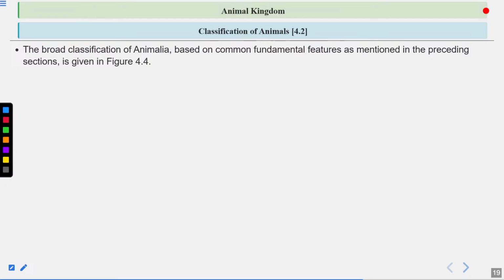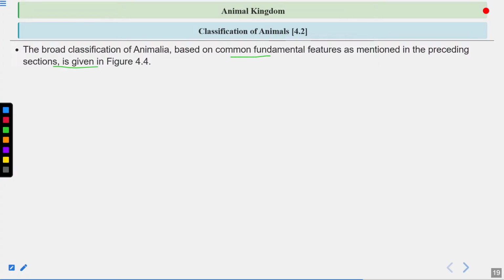Now, the broad classification of Animalia based on the common fundamental features mentioned in the preceding section is given in the figure. Notochord is a rod-like structure that is related to the nervous system, and it is present either in the embryonic stage or in the adulthood stage. But from the phylum Porifera to the echinoderms, you will not find any notochord, and that is why they are called non-chordates.